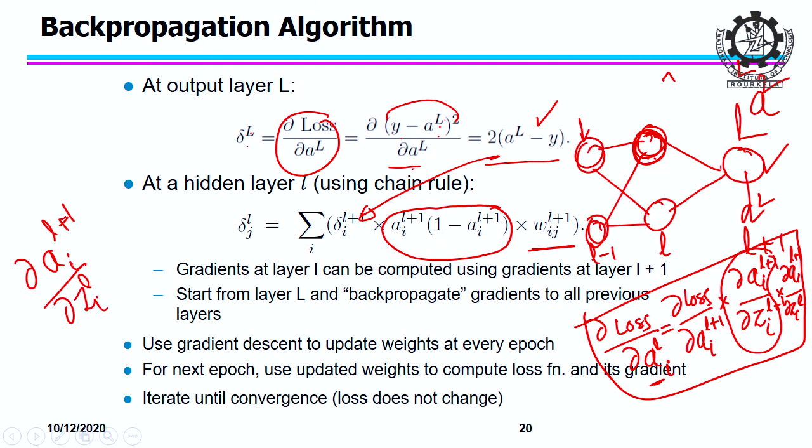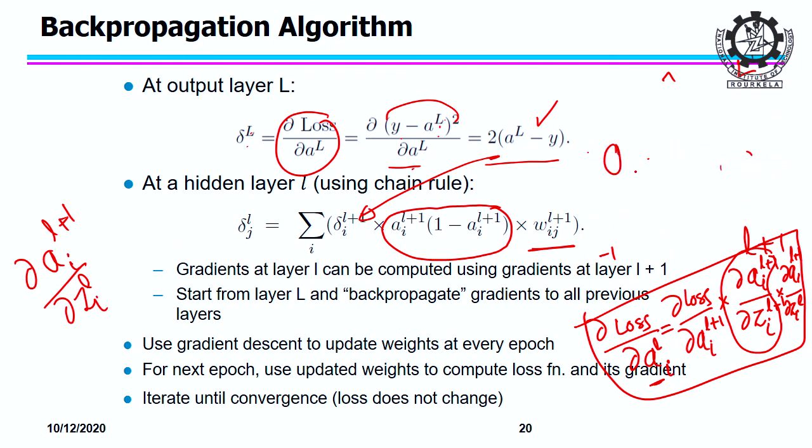So, here A I L plus 1 is nothing but a function of Z I L plus 1.